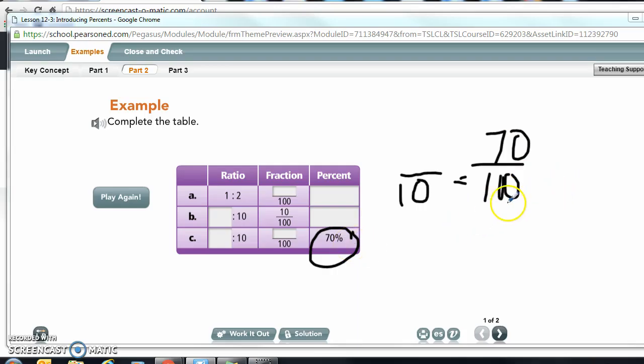So if I know that I'm dividing from 100 to 10 or multiplying from 10 to 100, I want to figure out this numerator. I'm going to divide by 10 here. So if I divide by 10 here, I have to divide by 10 here. And 70 divided by 10 is 7. So I know this will be 7. And this right here is 70. Go ahead and freeze your screen. I am moving on.